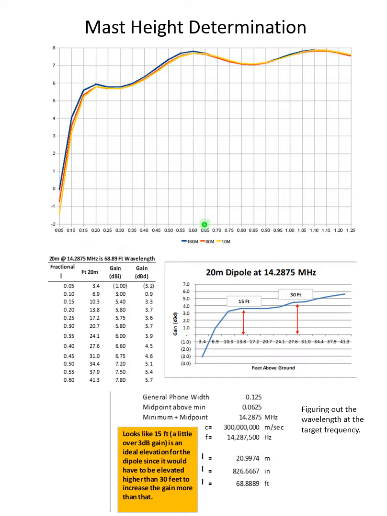On the horizontal axis is the fraction of the full wavelength. So right here would be 0.1 lambda, or 0.1 of the wavelength of whatever band you're looking at. Here would be a half wavelength, and here would be a full wavelength above the ground. So you can see how that gain varies as we raise the antenna above the ground.